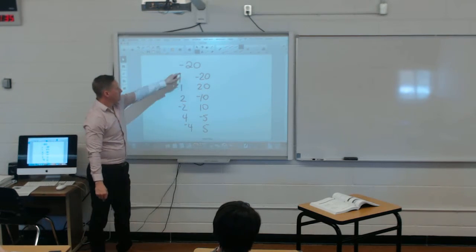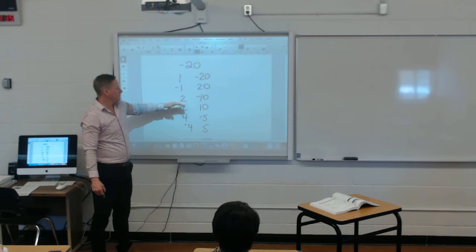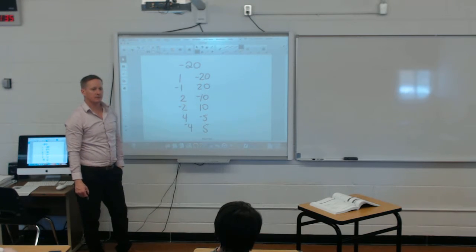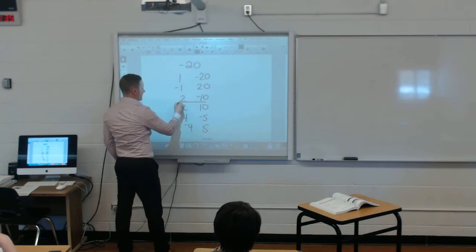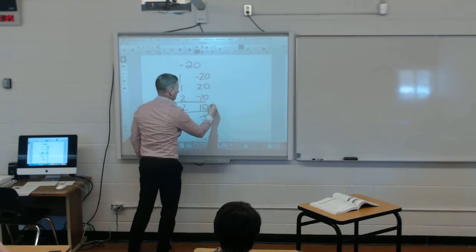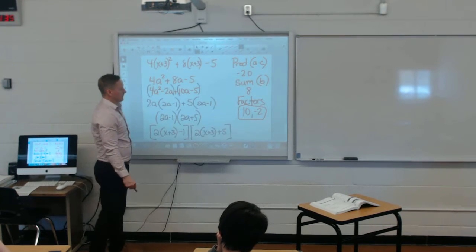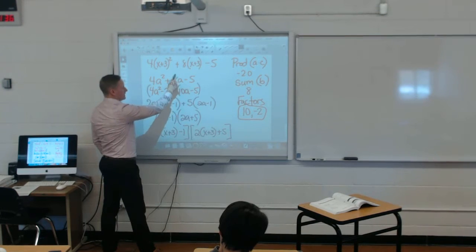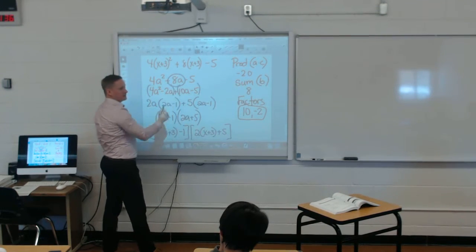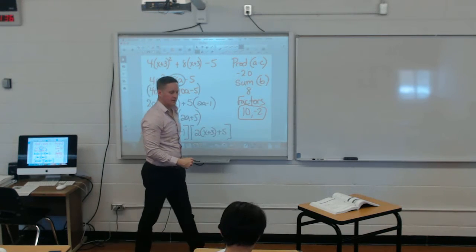Those all give me negative 20 when I multiply, right? But which one of these adds to give me 8? The one that adds to give me 8 is that one. So that's why I use it. I substitute it into the middle here. Instead of 8, I put 10 and negative 2. Okay?